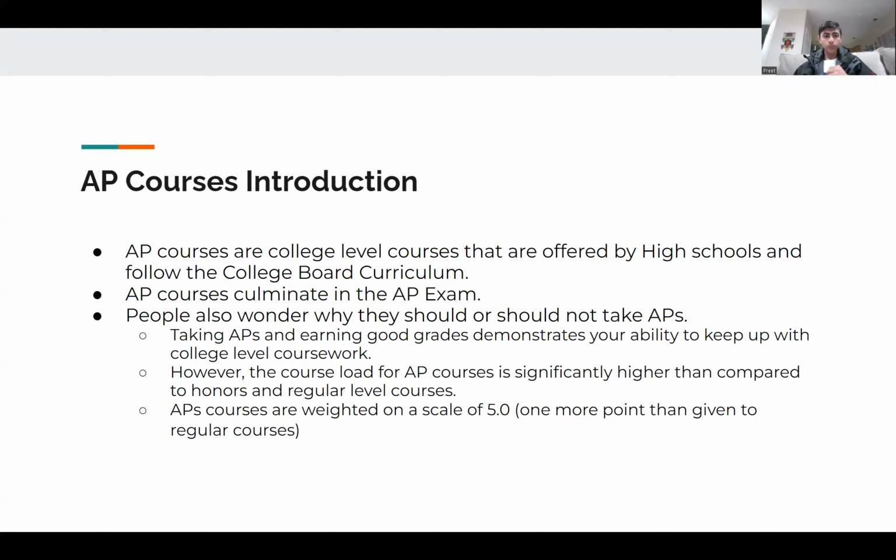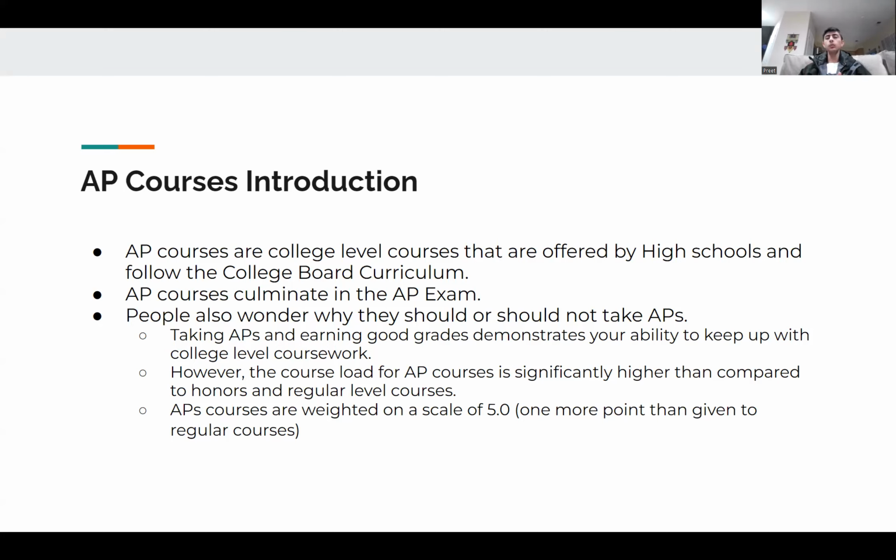Right. We'll go to the AP courses introduction slide right here. As you can see, AP courses are college level courses. Many people transitioning from 9th grade to 10th grade are always wondering whether they should even take an AP course and how beneficial it is. Definitely, it is pretty beneficial to take a college level course in high school.